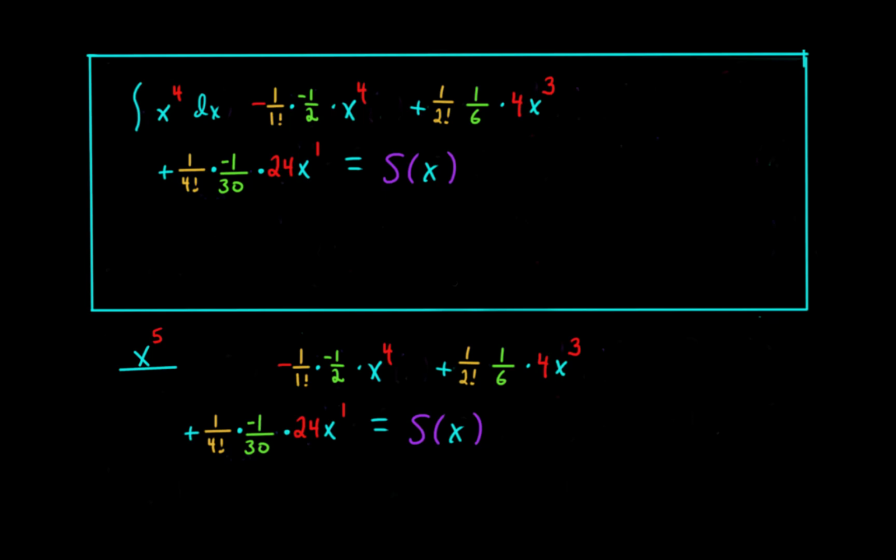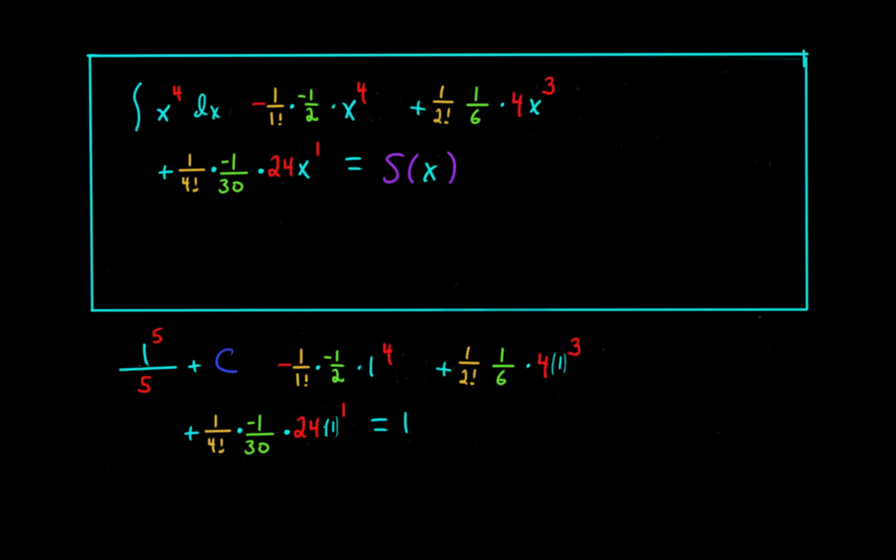And now to determine c, I'm going to plug in 1 for x. Now we already saw that s of 1 equals 1. Subbing in 1 for x: 1 to the 5th over 5 plus c minus 1 over 1 factorial times negative 1/2 times 1 to the 4th plus 1 over 2 factorial times 1/6 times 4 times 1 to the 3rd plus 1 over 4 factorial times negative 1 over 30 times 24 times 1 to the 1st power equals 1.